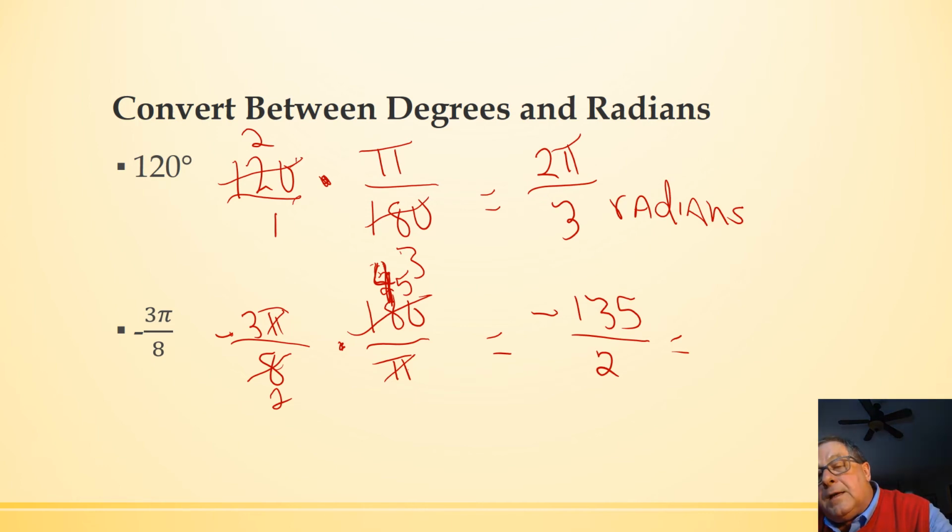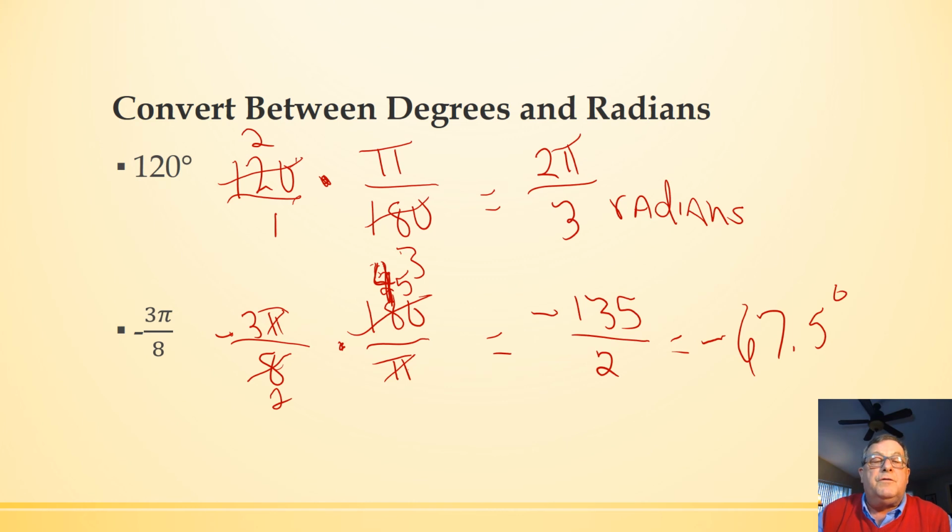We have a negative divided by a positive, so our quotient is going to be negative. 2 goes into 13 6 times with 1 left over, so 2 goes into 15 7 times with 1 left over, and that'll be one half. So negative 67.5 degrees. That's our conversion from negative 3 pi over 8 radians into degrees, which equals negative 67.5.